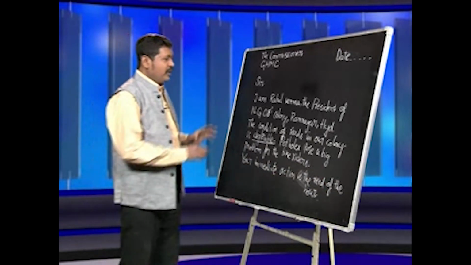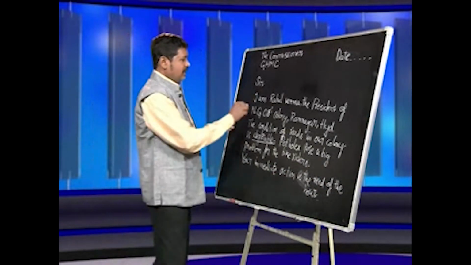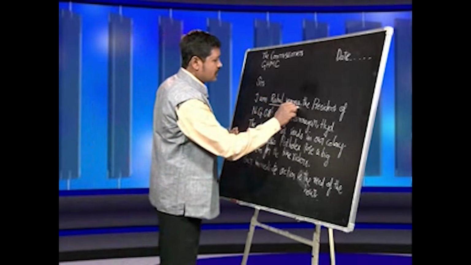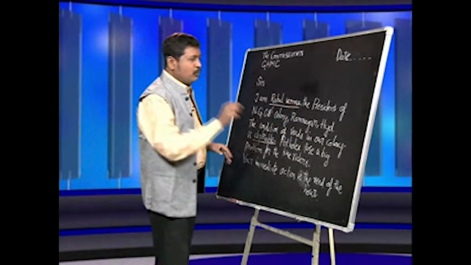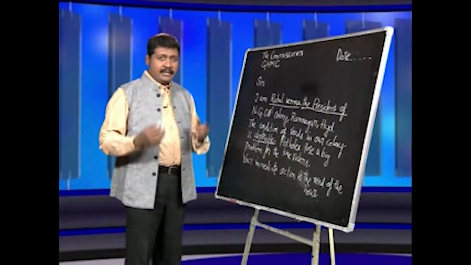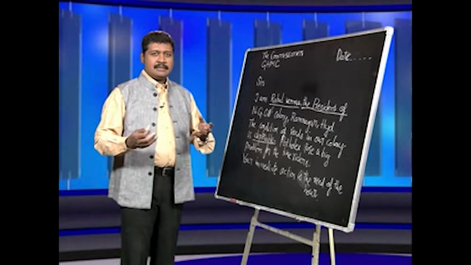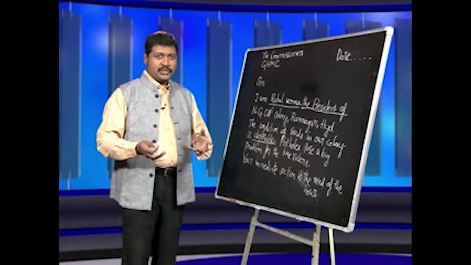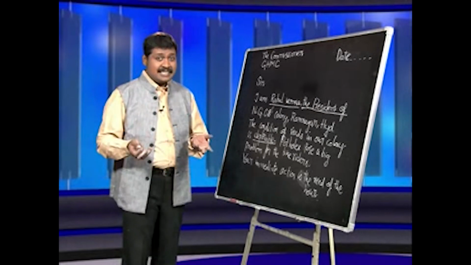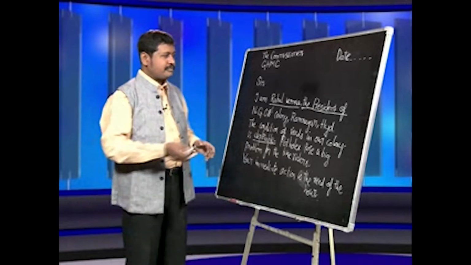So, very briefly, you introduce yourself by saying, I am so and so, and you mention your designation, because the reader or the commissioner should know the designation, the position of the complainant. Remember, the one who complains is the complainant.